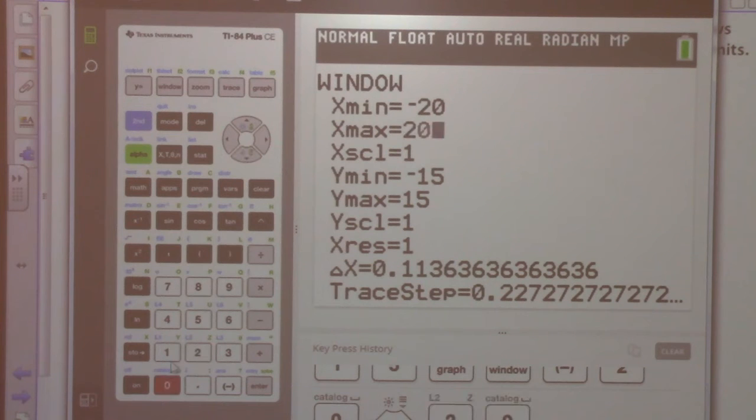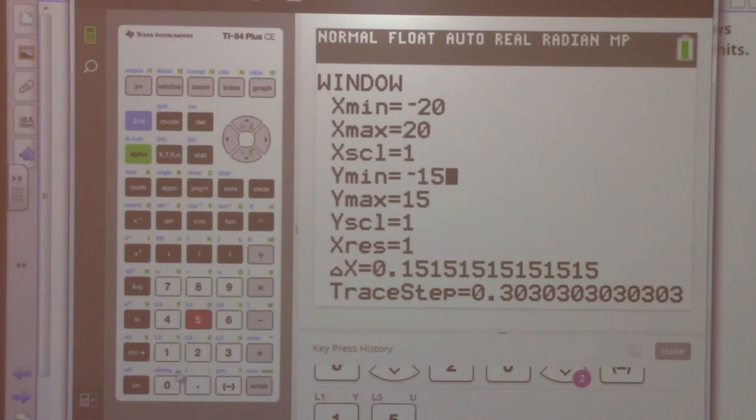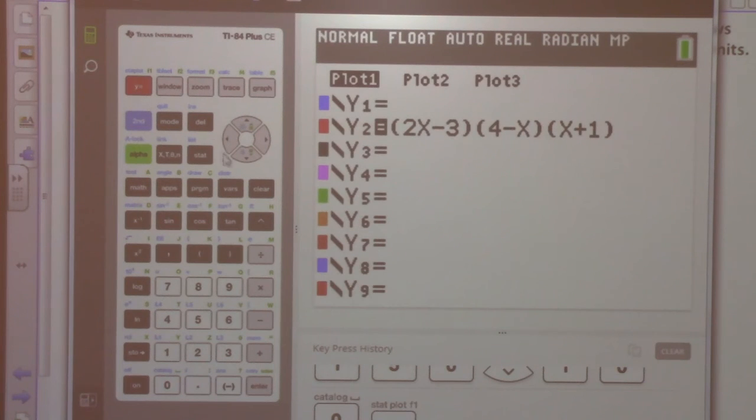For the Y minimum, I put negative 150. And for my max, I put 100. Okay, I think that's similar to what I did in my video. I think I just left these at negative 10 and positive 10, but I think everything else is the same.